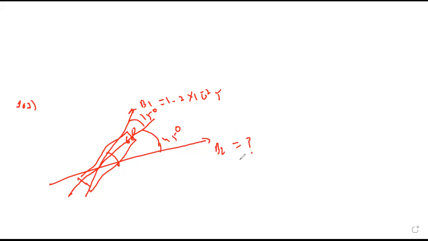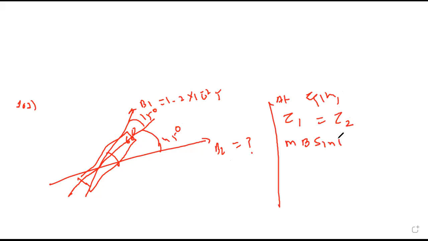Yes. तो इसका मुझे magnitude चाहिए. What is meaning of equilibrium? At equilibrium torque due to first should balance with torque due to second. Torque का formula क्या है? mB sin theta है ना?